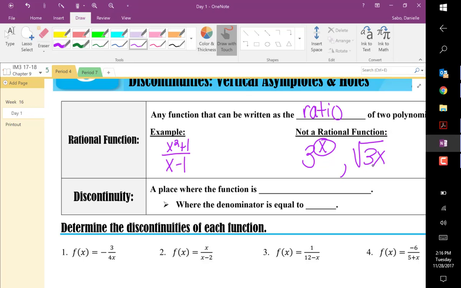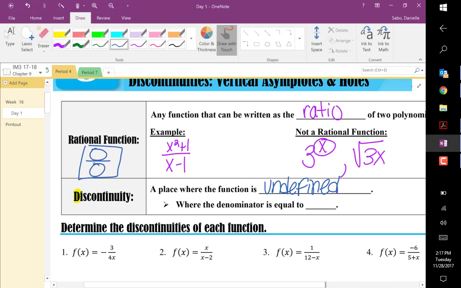Okay, so, a discontinuity. I want you to highlight the letter D. A discontinuity is a place where the function's undefined. Now, what would make a fraction not defined? Does anyone know? Let's just say I put a random fraction here and put 2 little circles.